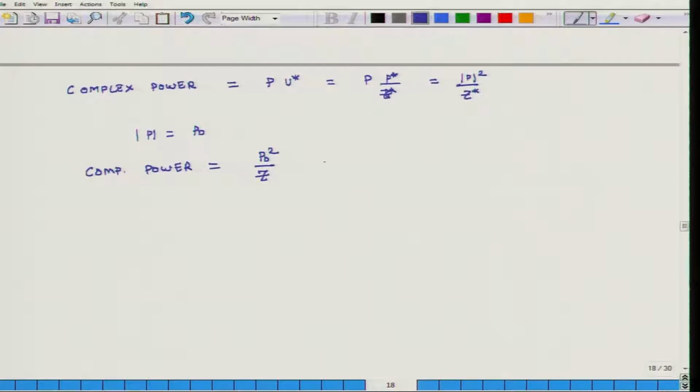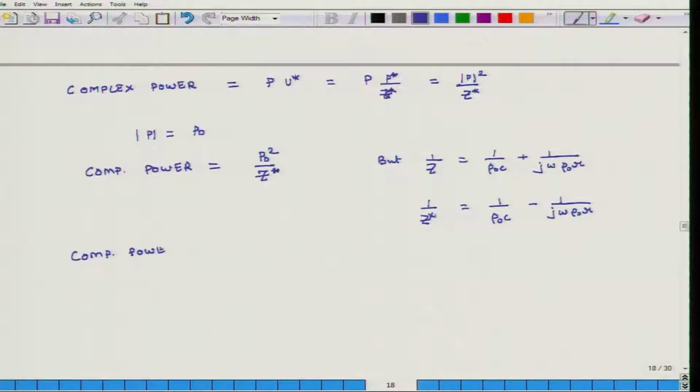But 1 over Z equals 1 over rho naught c plus 1 over j omega rho naught R. So, 1 over Z star is equal to 1 over rho naught c minus 1 over j omega rho naught R. So, complex power is equal to P naught square by Z star.